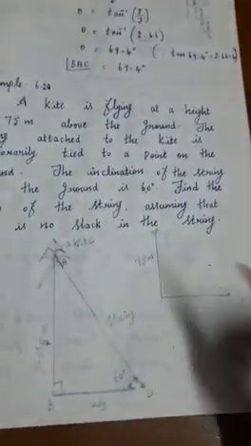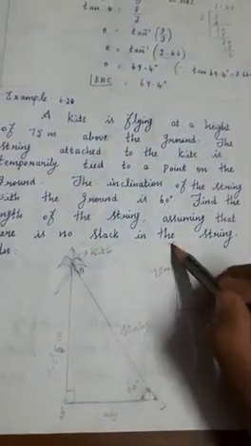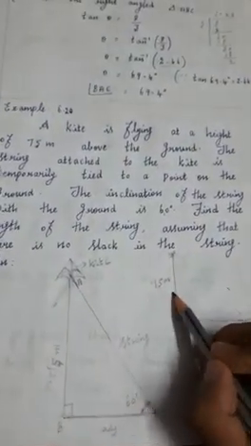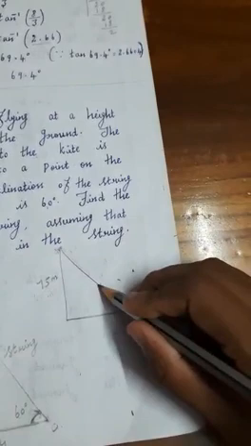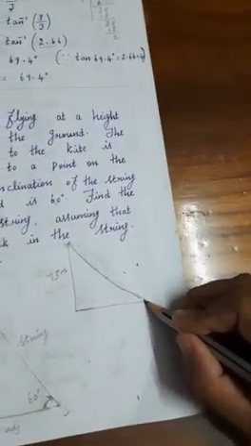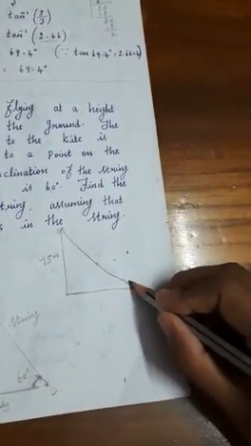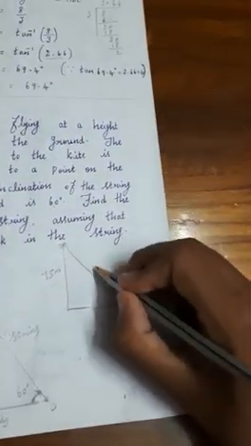Next, the string attached to the kite is temporarily tied to a ground point. So here they have tied it. This is the string.